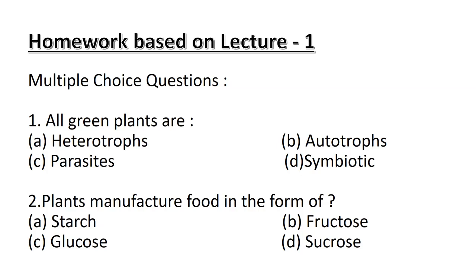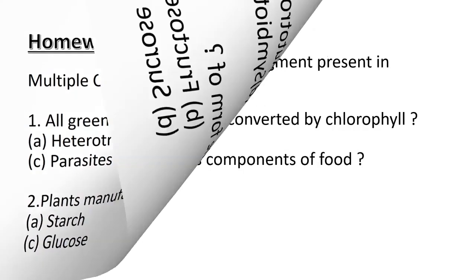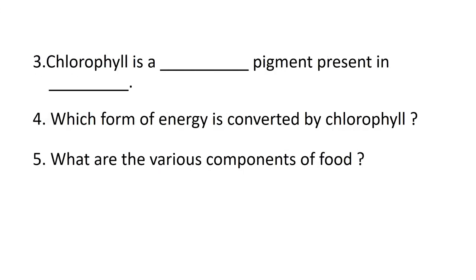Question number 2. Plants manufacture food in the form of option A, starch, option B, fructose, option C, glucose, option D, sucrose. Question number 3.